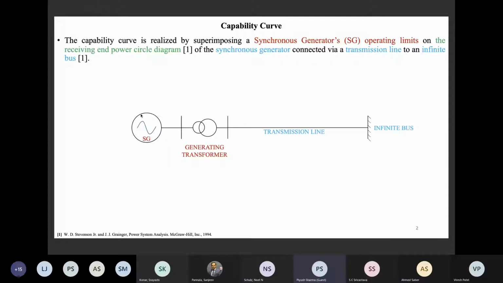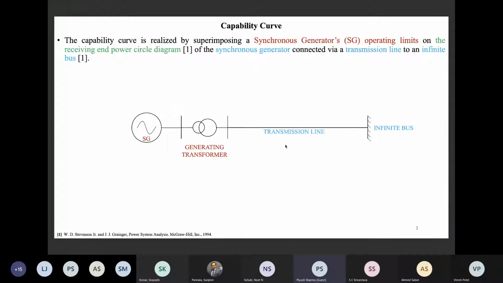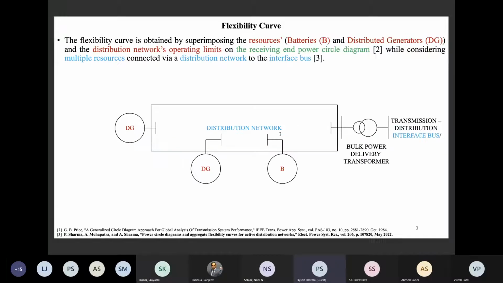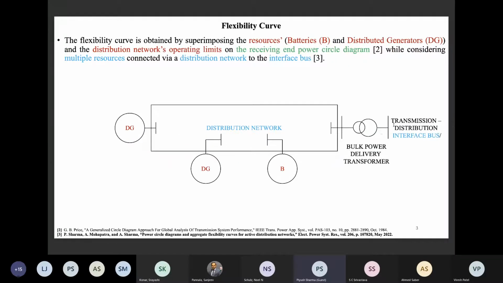Now, on similar lines, let us replace this single machine with multiple resources, maybe a distributed generator or could be a battery. Let's replace the transmission line with a distribution network and the infinite bus with the transmission distribution interface bus.